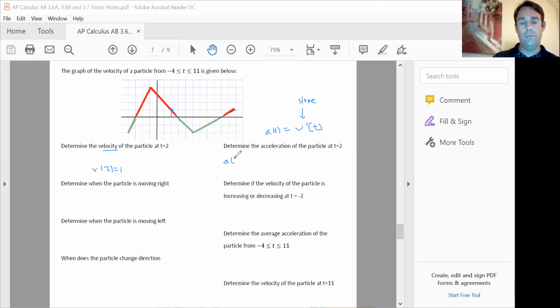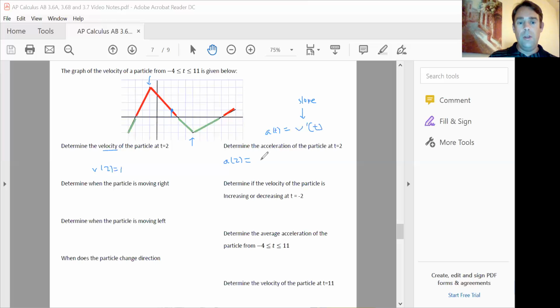So a of 2 would be the slope. From this point here to this point here, what is the slope of that line segment? We have 1, 2, 3, 4. Is that 5? Looks like 5 to me, friends.